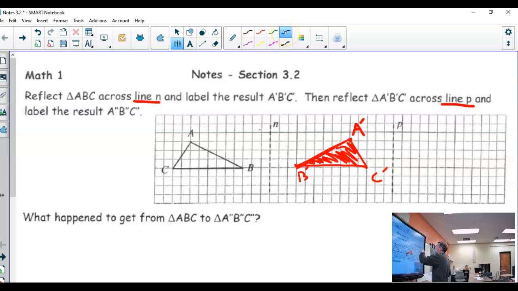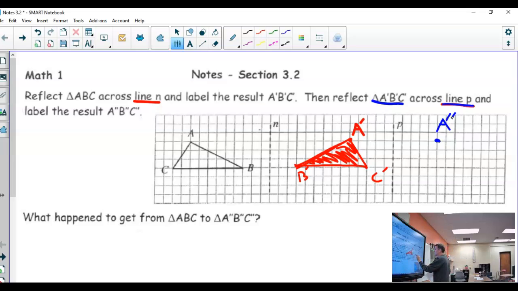So now I'm going to take triangle A prime, B prime, C prime, which is the middle one, and I'm going to go across line P. So A prime would go 1, 2, 3, 4, 5, and this would be A double prime, right? Double prime for the second reflection.